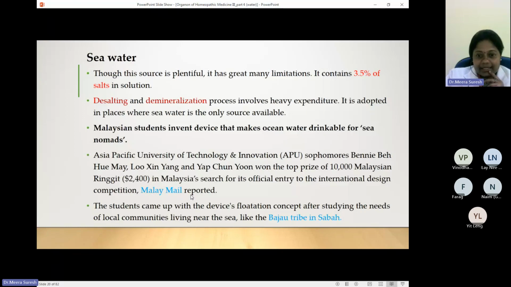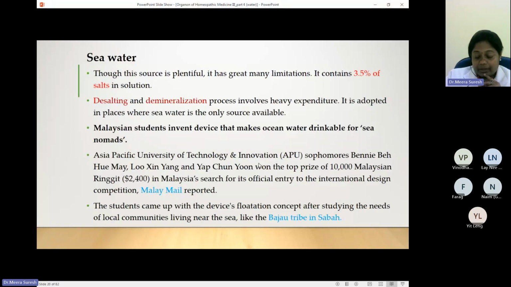So this was another news that I have taken. Malaysian students invent a device that makes ocean water drinkable for the sea nomads. Sophomores Benny Bay, Hume and Lu Sing Yang, Yap Chun Yoon, I think that is how it is pronounced, are students from the Asia Pacific University of Technology and Innovation and won the top prize of 10,000 ringgit for their entry to the international design competition.